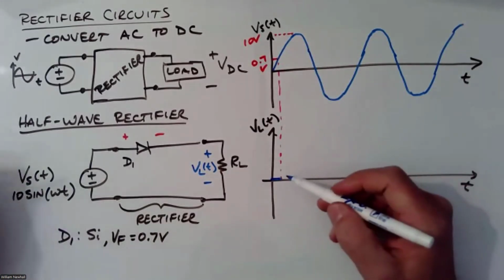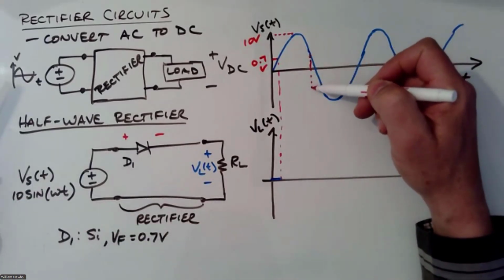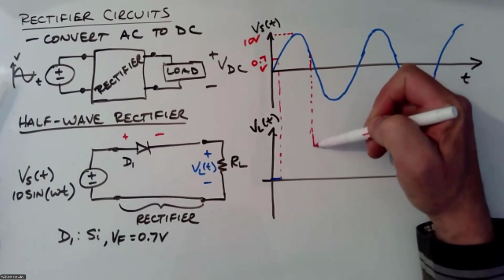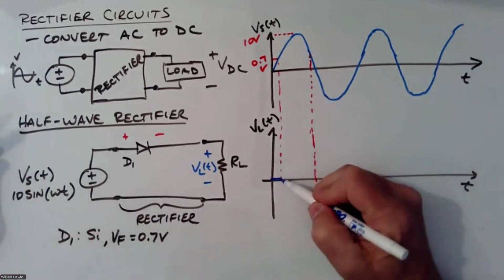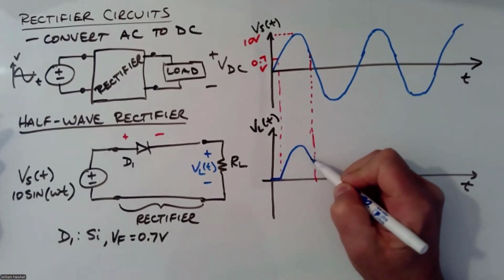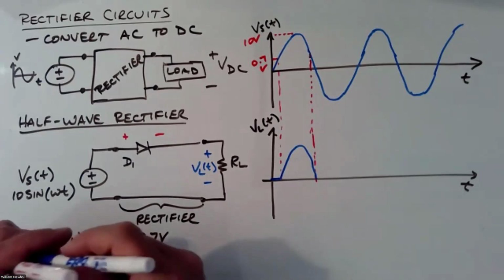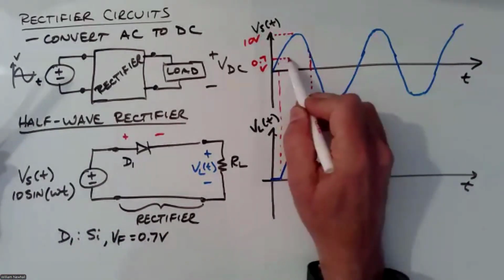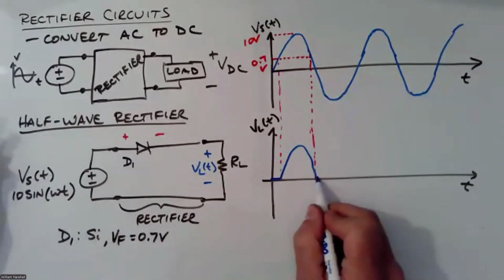So we're going to see this sine wave sort of appear across the resistor, looking like this. It's supposed to be about the same shape. And then when the source voltage falls back to 0.7, you get no current again, right?